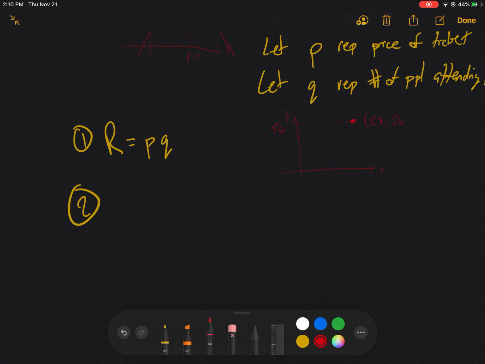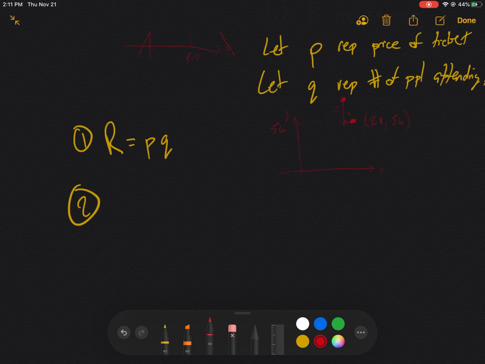And if I decrease the price by $1, then how many more people will come? 7 more people. Oh, no, I made a mistake. The price decreasing by 1 is on the x-axis. If I decrease by 1, it increases the number of people by 7.